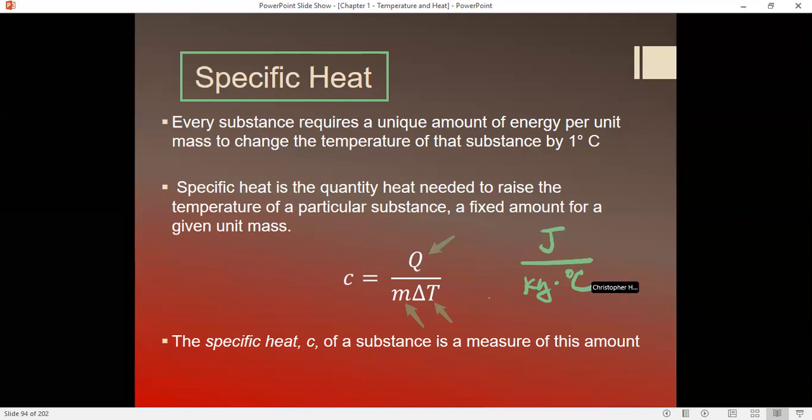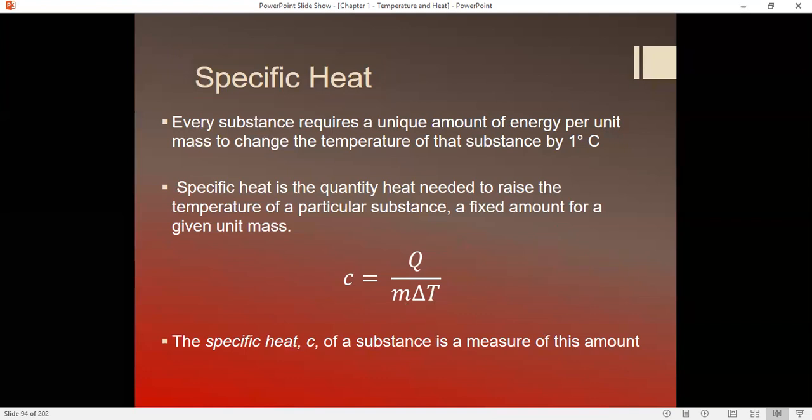And again, there's a delta T, so we don't have to use Kelvin. But Kelvin would work here too, okay? So the SI unit for specific heat is joules per kilogram degrees Celsius, okay? What about the CGS unit? I have to think about what the CGS unit for energy is. I think it's an erg. So it's like ergs per gram degrees Celsius.